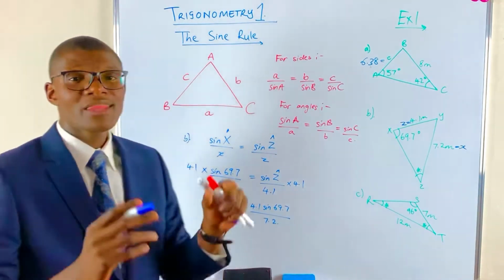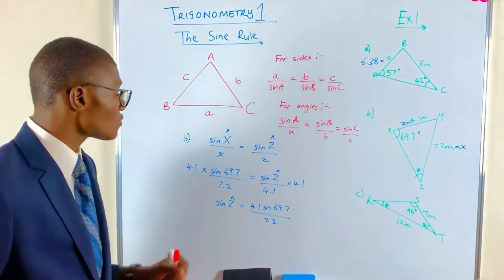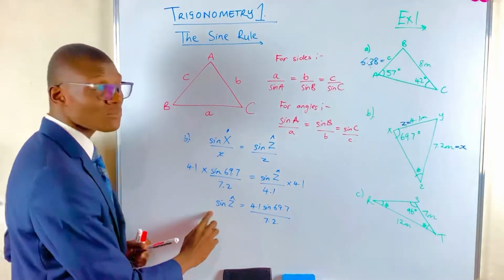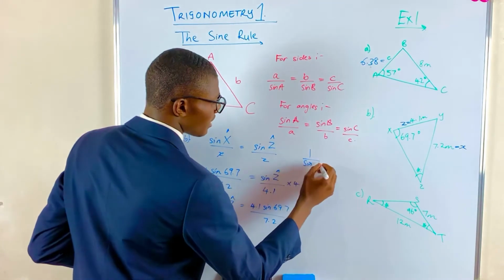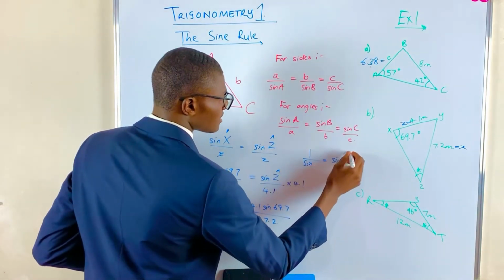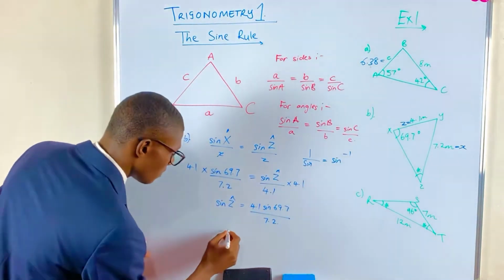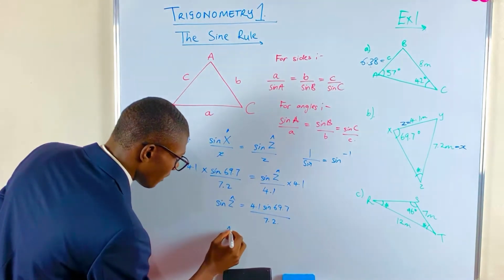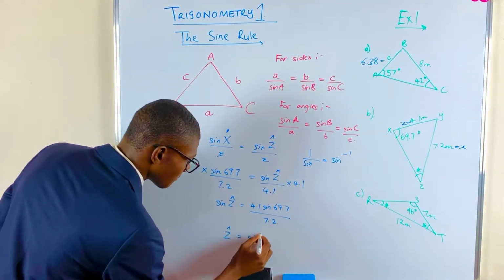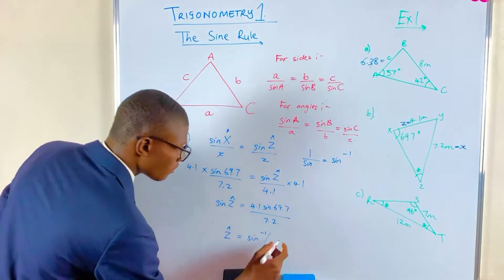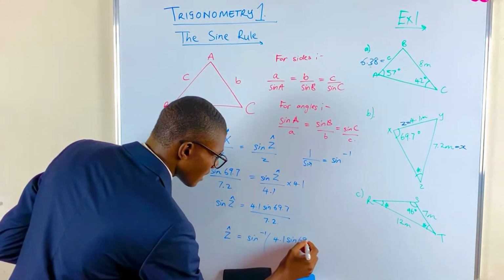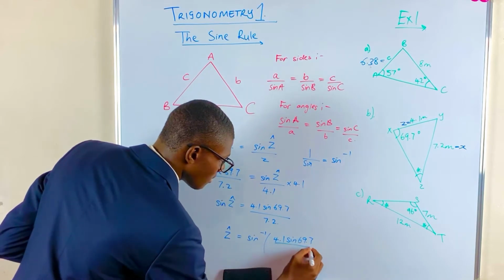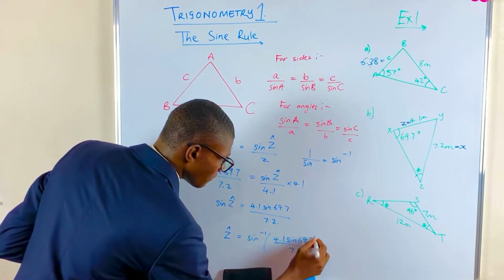But remember, we want the angle z. So we divide both sides by sine, and 1 over sine is just the same as arcsine, or sine inverse of. So angle z would be sine inverse of the whole of that, 4.1 sine of 69.7 over 7.2.